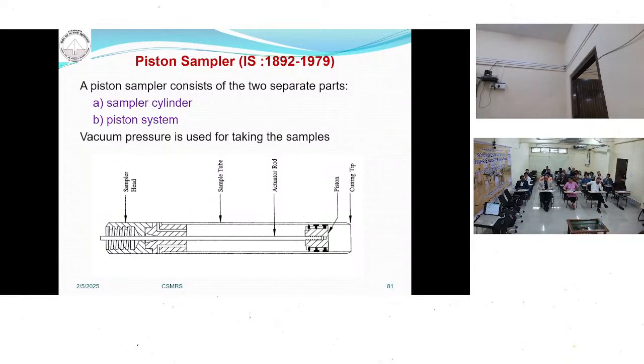When the tube is completely filled, we lock the tube over the sample and take out the sample. A vacuum is developed between the piston and your sample, and it does not fall. But again I am telling you, in many projects we feel that even after searching, we don't find any agency who is able to collect the sample from sands.